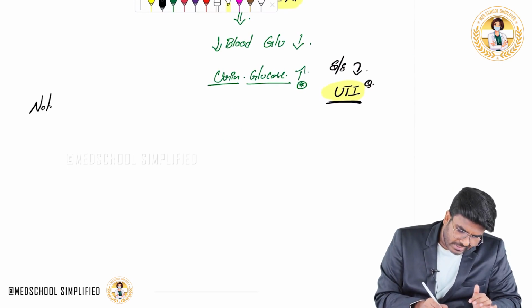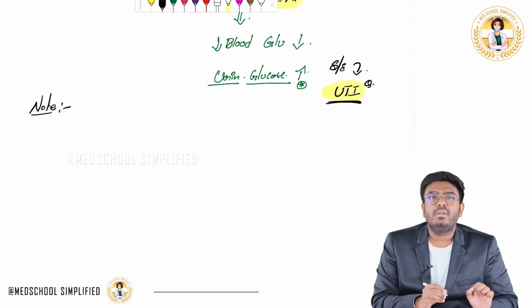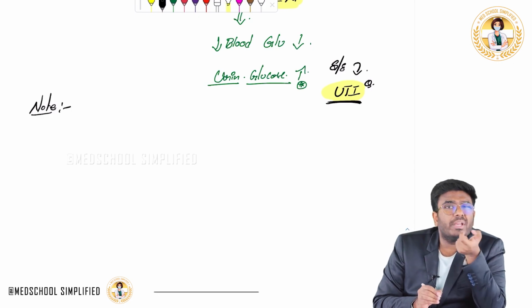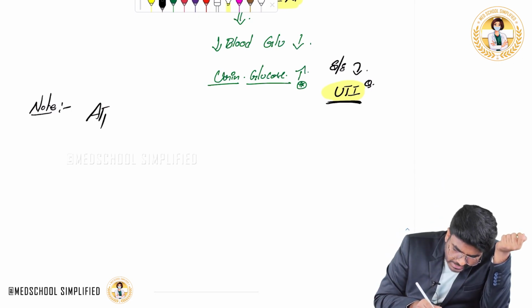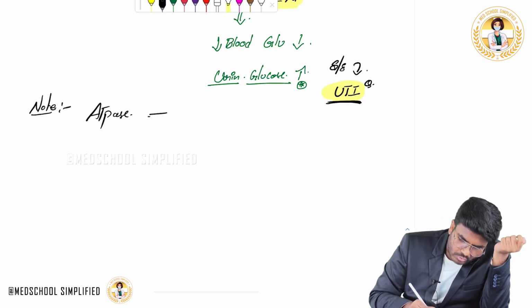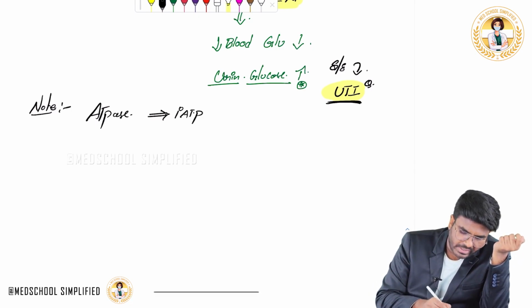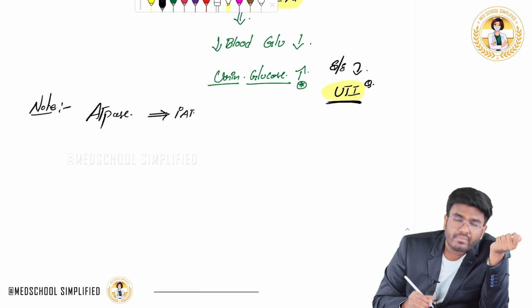I will give you a note, see here. It's just like a mnemonic kind of thing. Wherever you see ATPase, those transporters are examples of primary active transport.